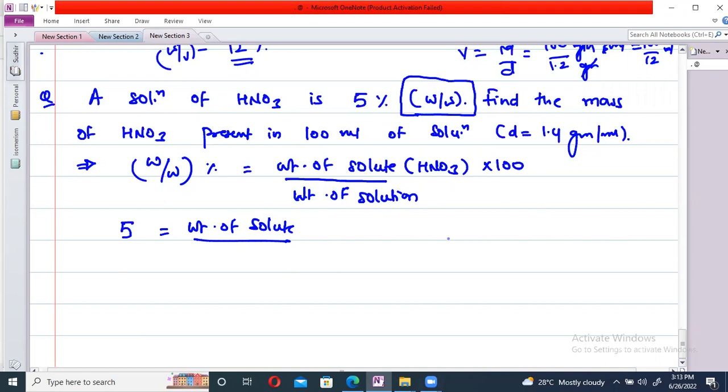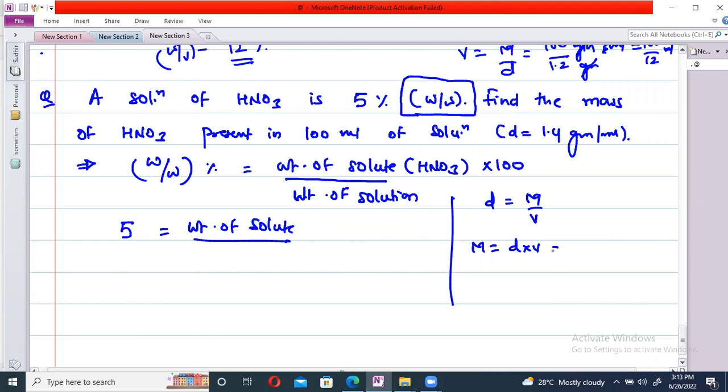How to get the weight of solution? Already I told you, it is based on this concept. Density is equal to mass by volume, and you know mass is equal to density into volume.